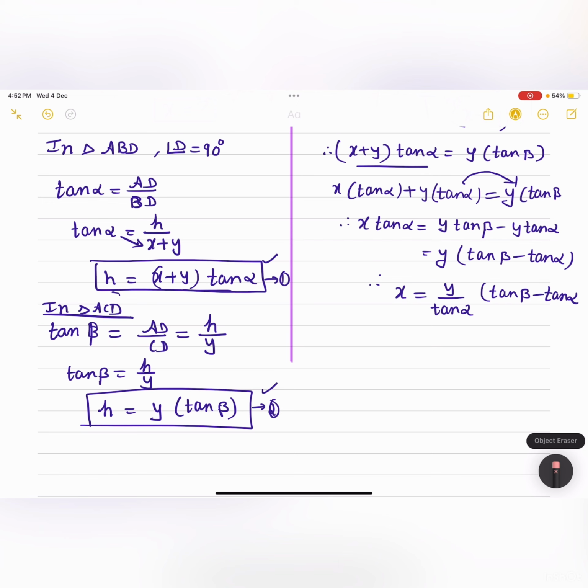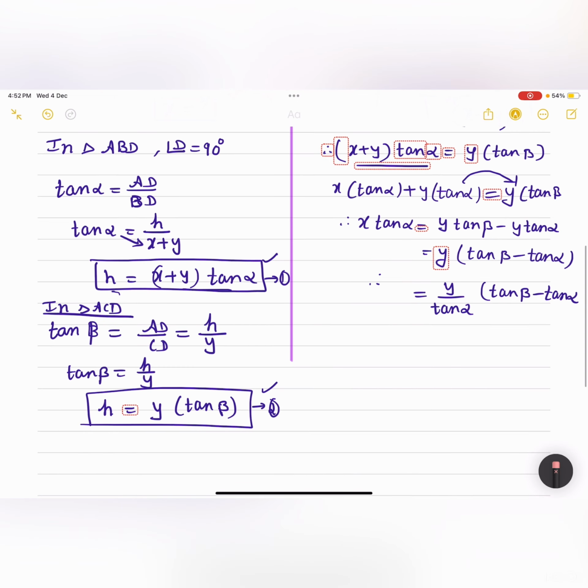Now we need to find the x value in this case. So how do we do this? We have to find y from equation 2. y is equal to h by tan beta, that is, I have cross multiplied it.